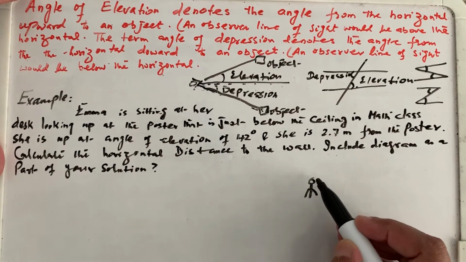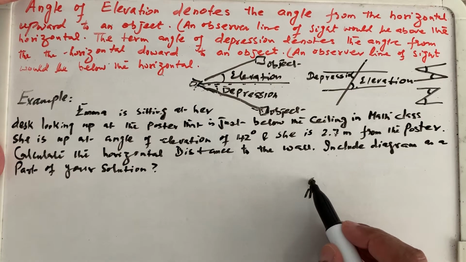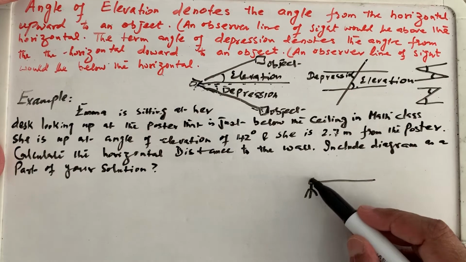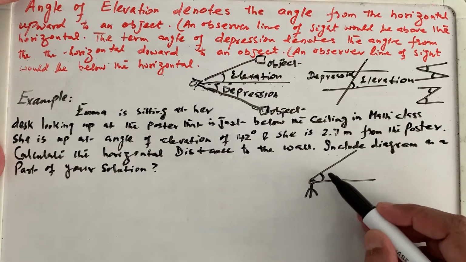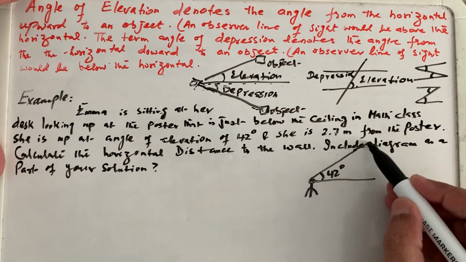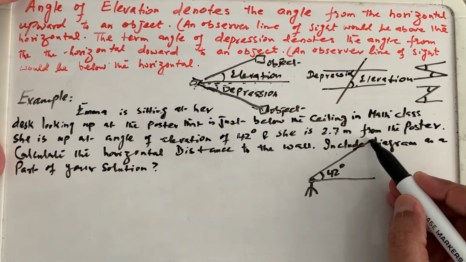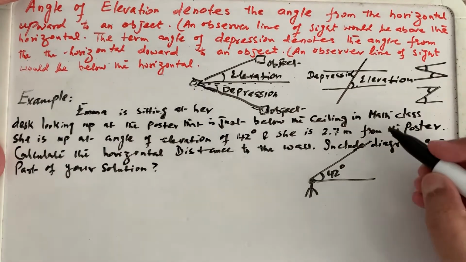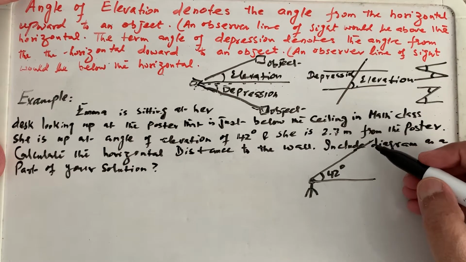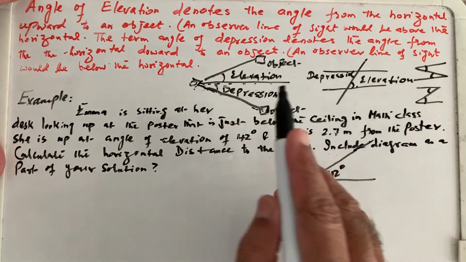If this is the observer's line of sight, or horizon, then the angle of elevation is this, given as 42 degrees. She is seeing that poster right on top of the wall, and the angle becomes 42 because it is high on the ceiling. Now what is the question asking?